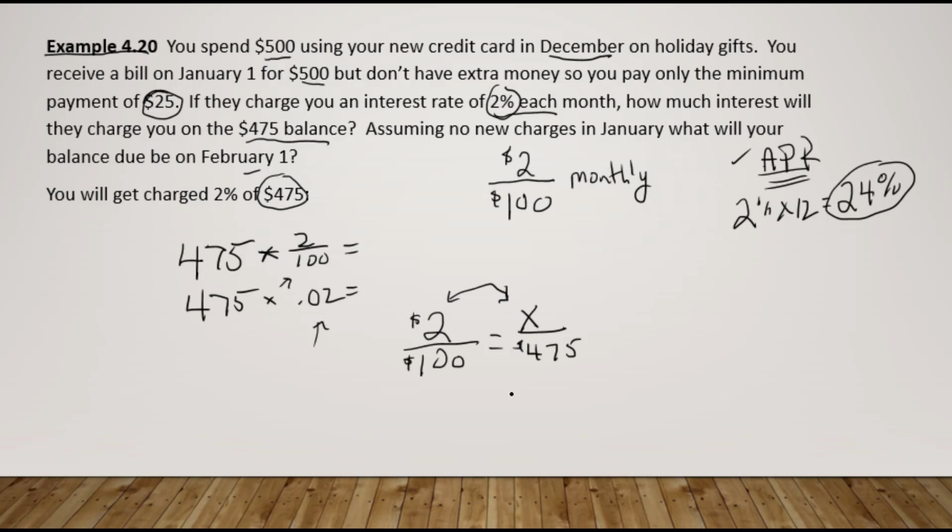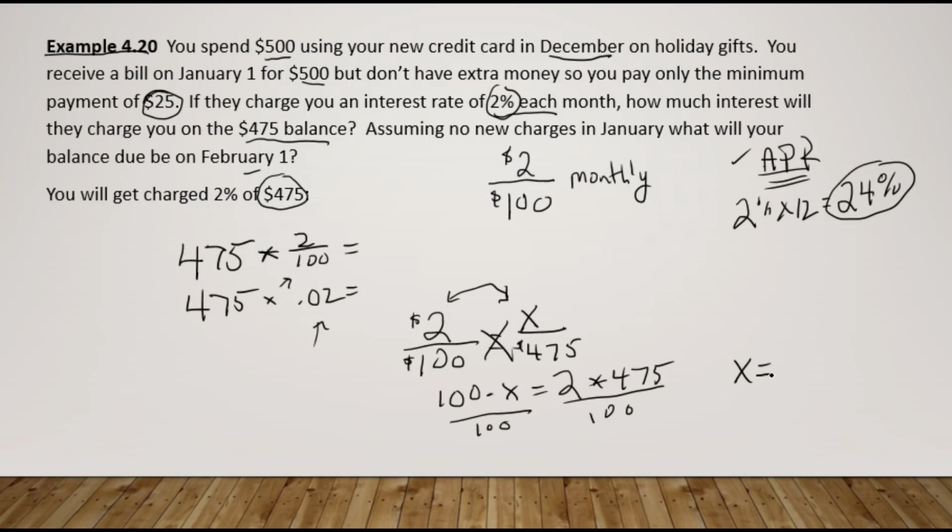And we can cross multiply: 100 times x equals 2 times 475. Divide by 100. You probably know how to cross multiply, hopefully.